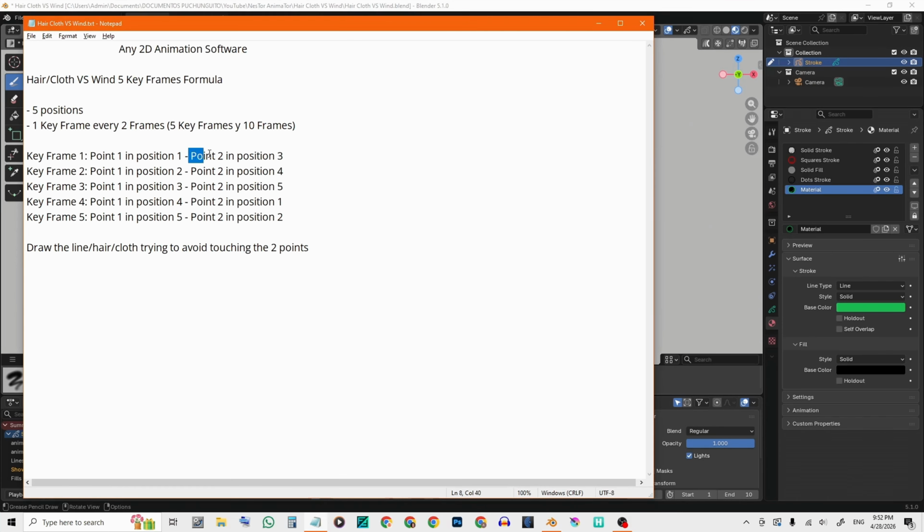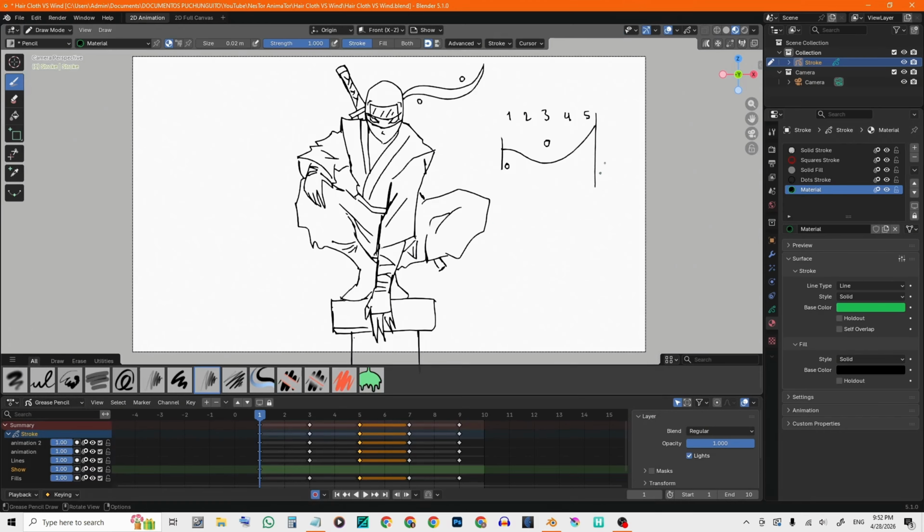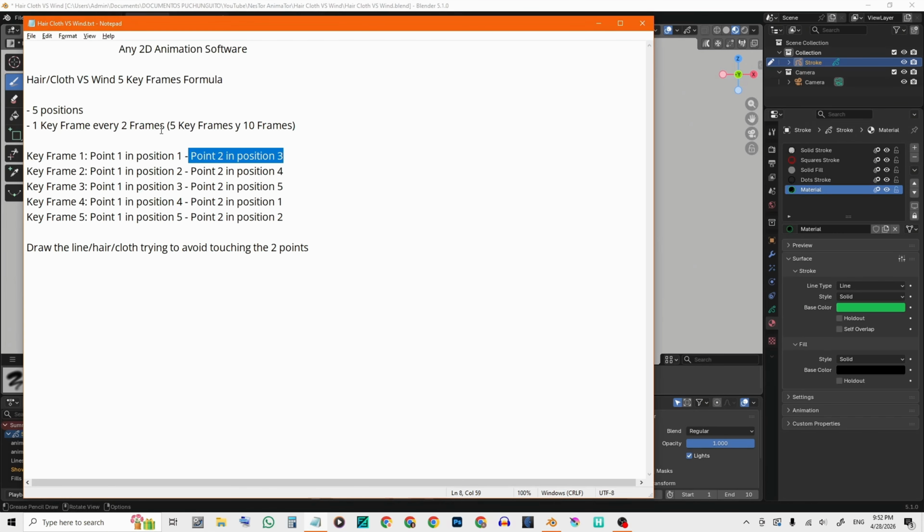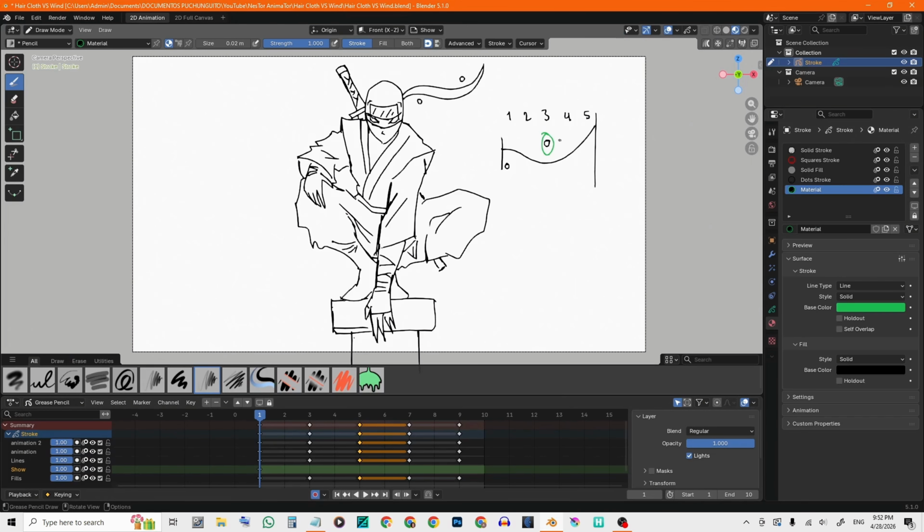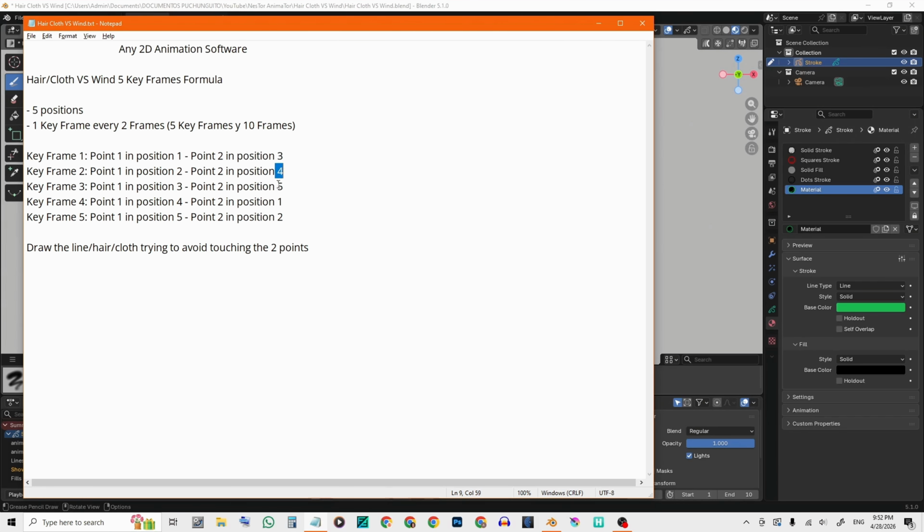Right, so it says that point 2 is in position number 3. Alright, so it is point 2 in position 3. And they go on and on. Point 1 moves from position 1 to 2, 3, 4, 5, and the animation ends. And the point 2 begins in position 3. Here it is. And then it moves to 4 and 5.